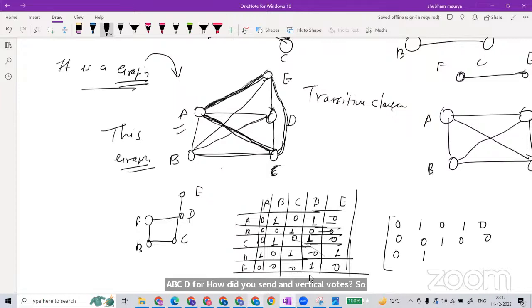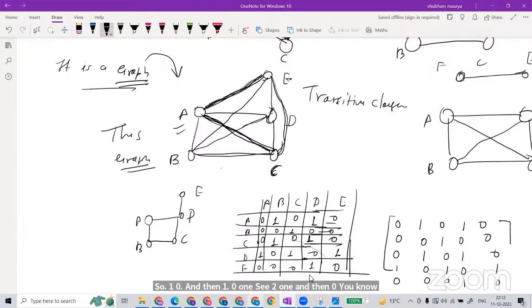So this is 0, 1, 0, 1, 0, and then 1, 0, 1, 0, 1, and then 0, 0, 0, 1, 0.